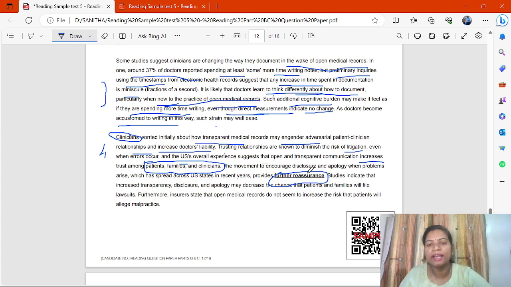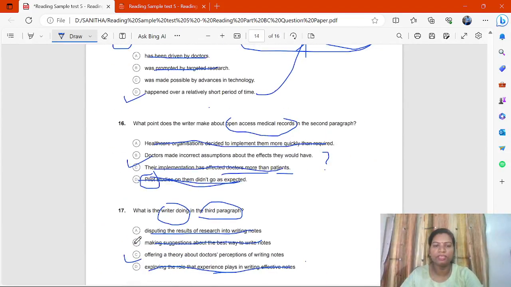The movement to encourage disclosure and apology when problems arise has spread across US states. Again, one more option we got: US states in recent years provide further reassurance. Studies indicate that increased transparency, disclosure, and apology may decrease the chance that patients and families will file lawsuits. Furthermore, insurers state that open medical records do not seem to increase the risk that patients will allege malpractice.